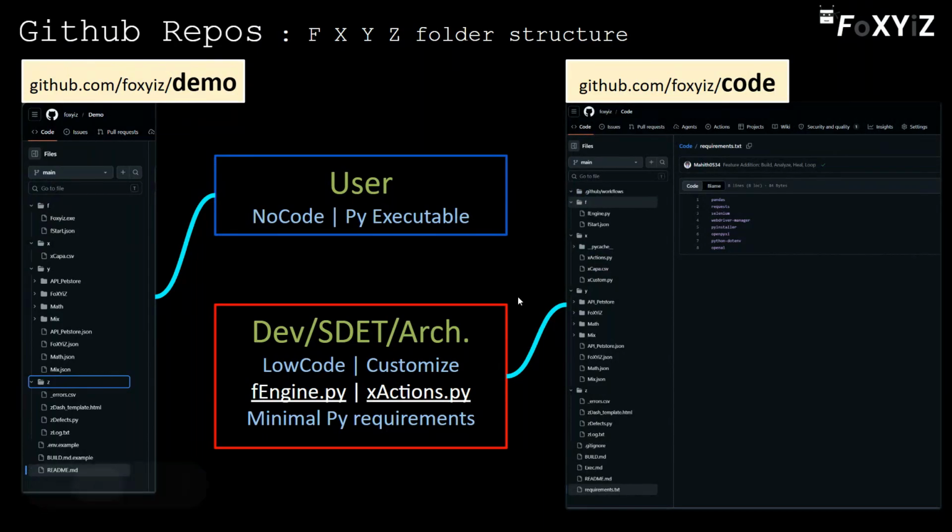On the right side, we have the dev, SDET, or an architect. And I still call it low code because we only have two programs. There's an fengine.py, there's a xactions.py, and xcustom.py is still not available as a feature. And these are my requirements.